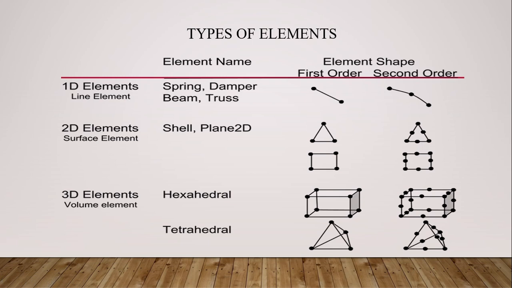These are also the higher order triangular elements. Then third are the volume elements. Two examples are the hexahedral and the tetrahedral, and the diagram of the first order element and the second order element is shown in the figure. So this is all about the types of elements.